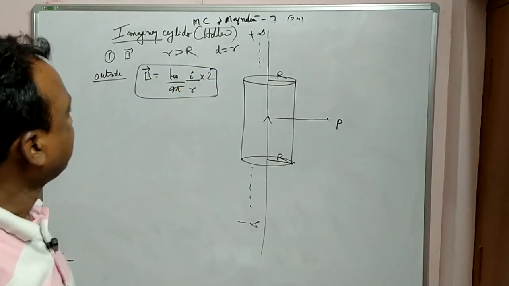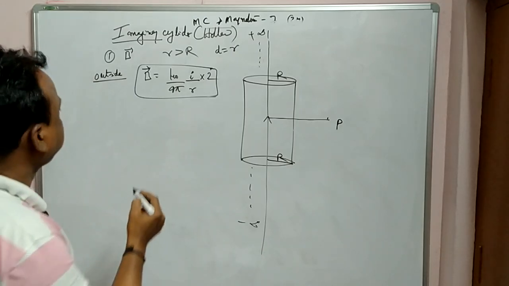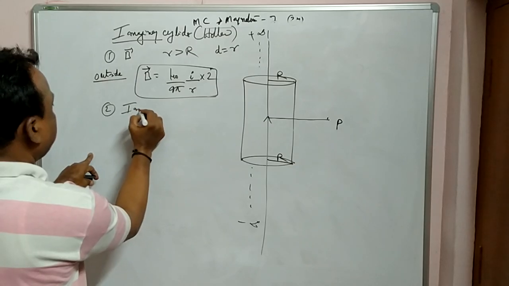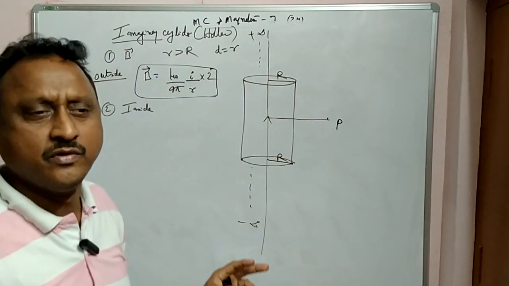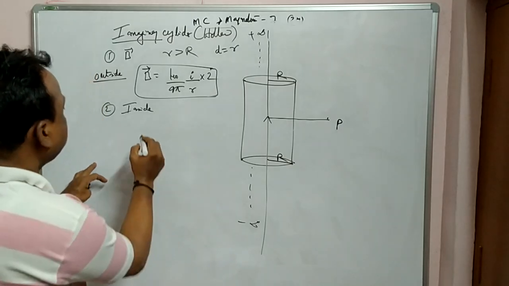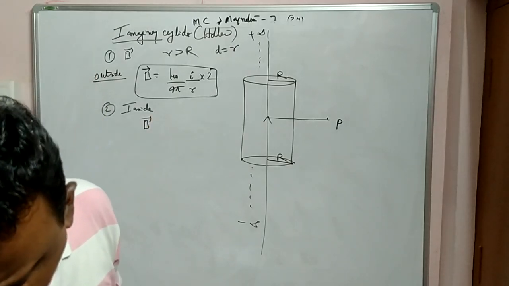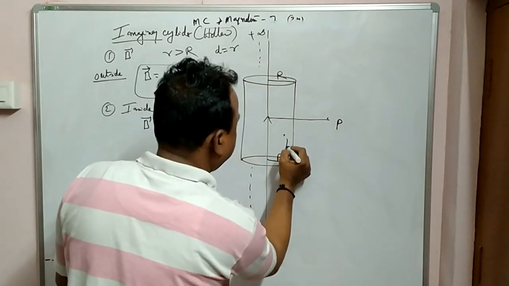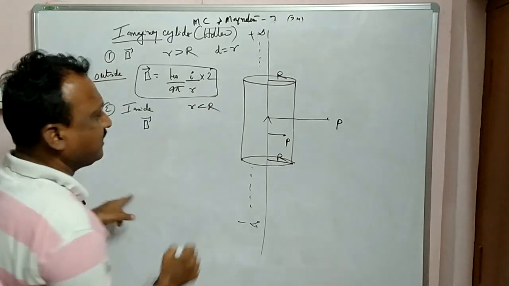Clear? Right. Now coming to inside. Inside, we already know it is completely hollow, so no current will be there. What is B inside, where small r is less than capital R?